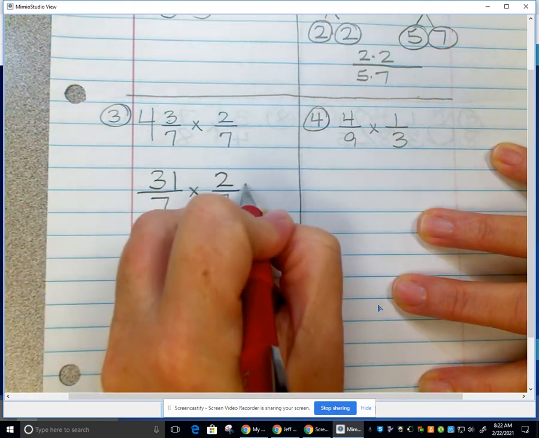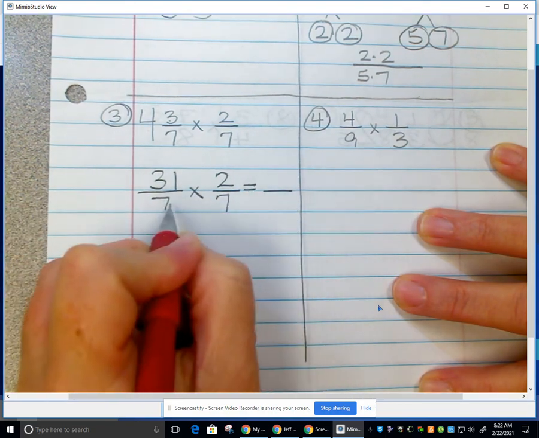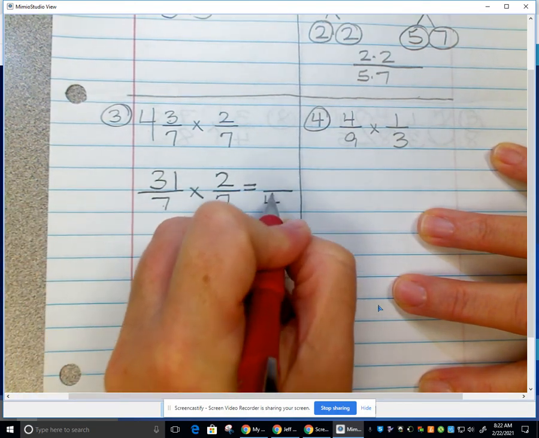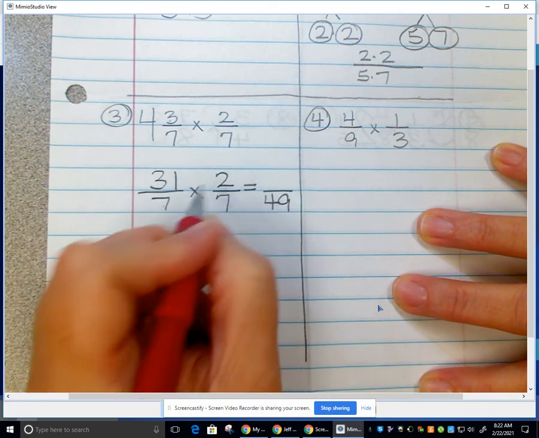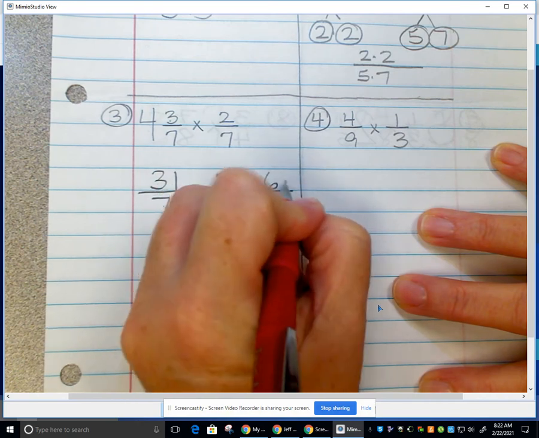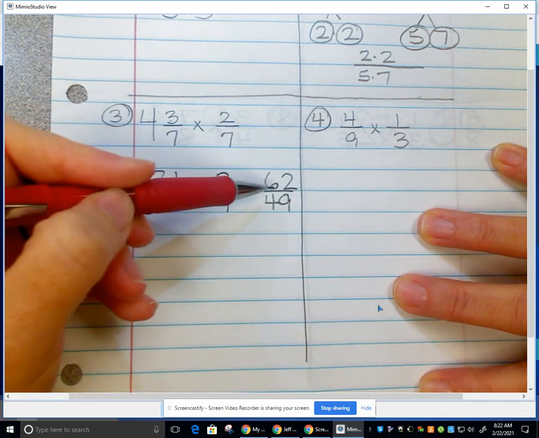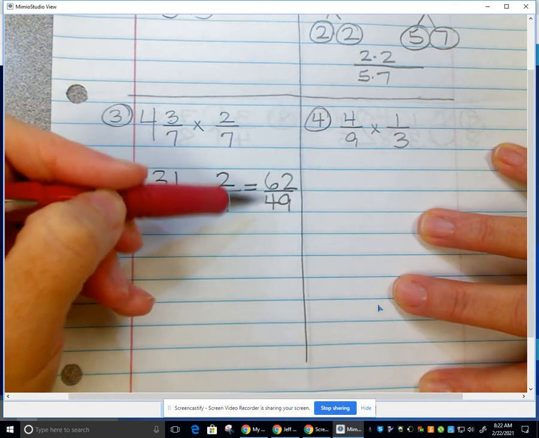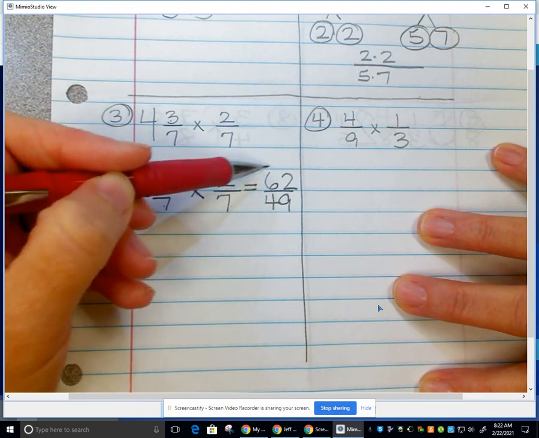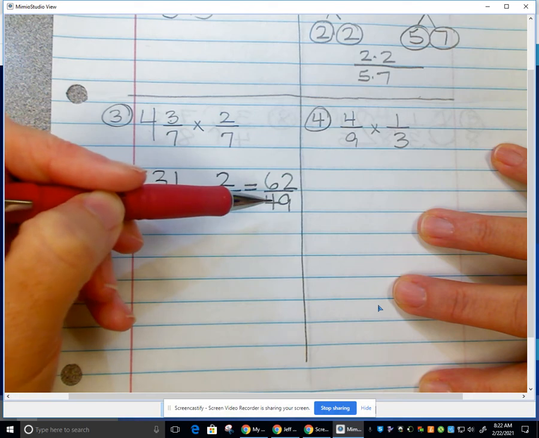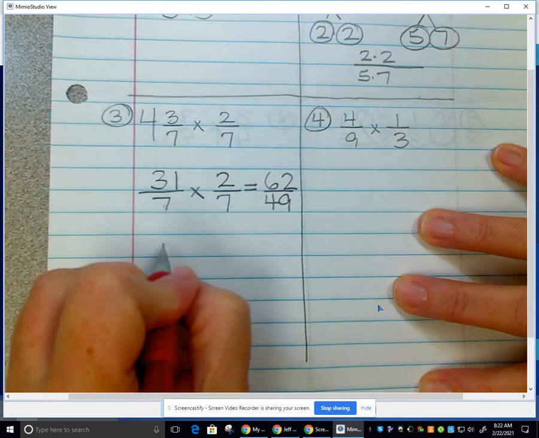Okay, come across. 7 times 7 is 49. 31 times 2, that would be 62. What's wrong with that? It's improper. We've got to divide and rock around the clock to fix it. We've got to fix the improperness before we put it in simplest form.